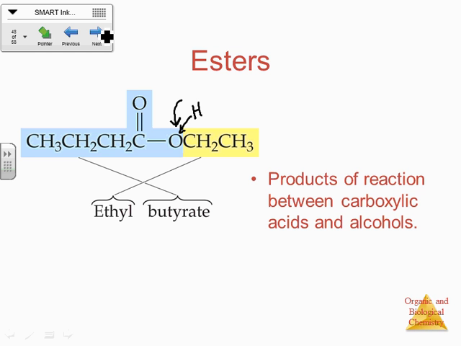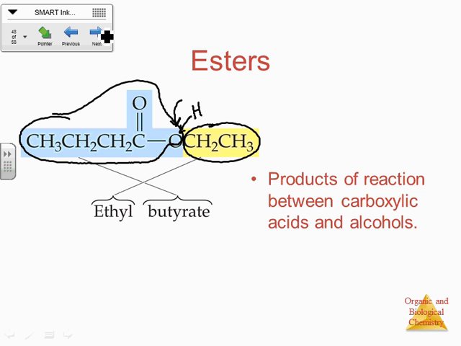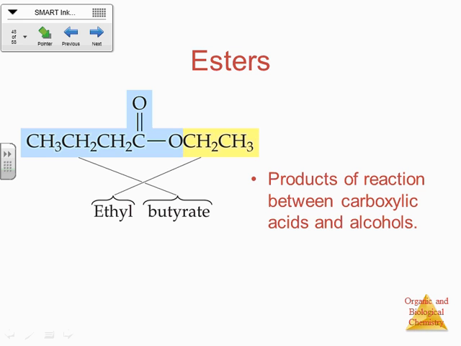So this was the carboxylic acid, this part right here, and then this was the alcohol. The alcohol gives away its OH group, and the carboxylic acid gives off its hydrogen. You just imagine a hydrogen being here initially and an OH being here initially. Those come off, these two things come together, and then you end up with an ester.